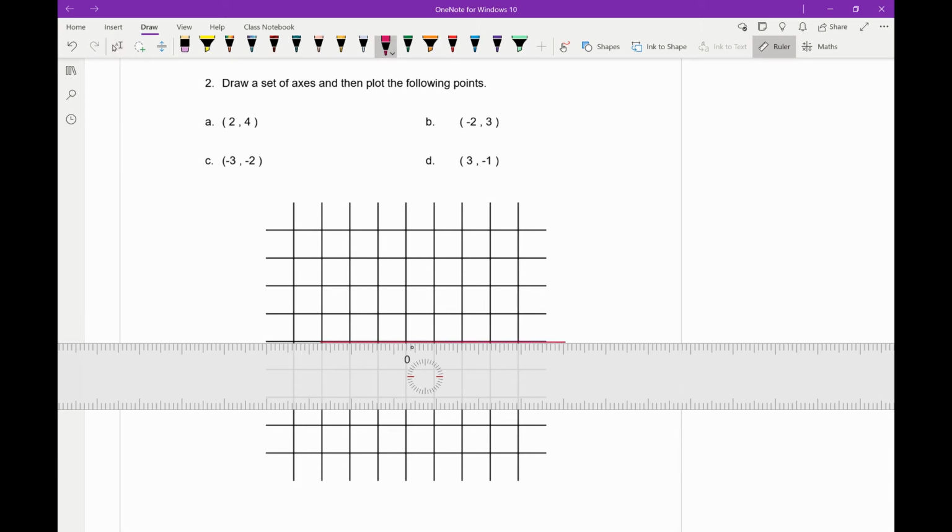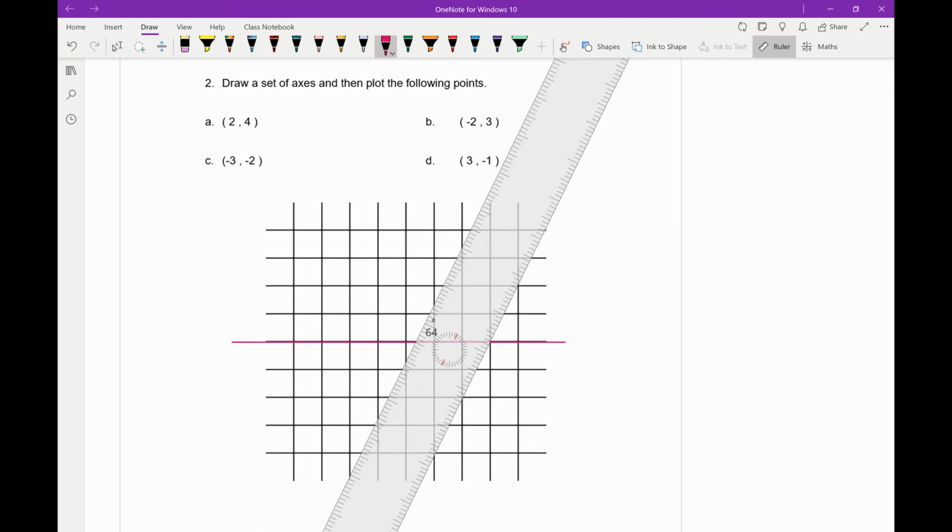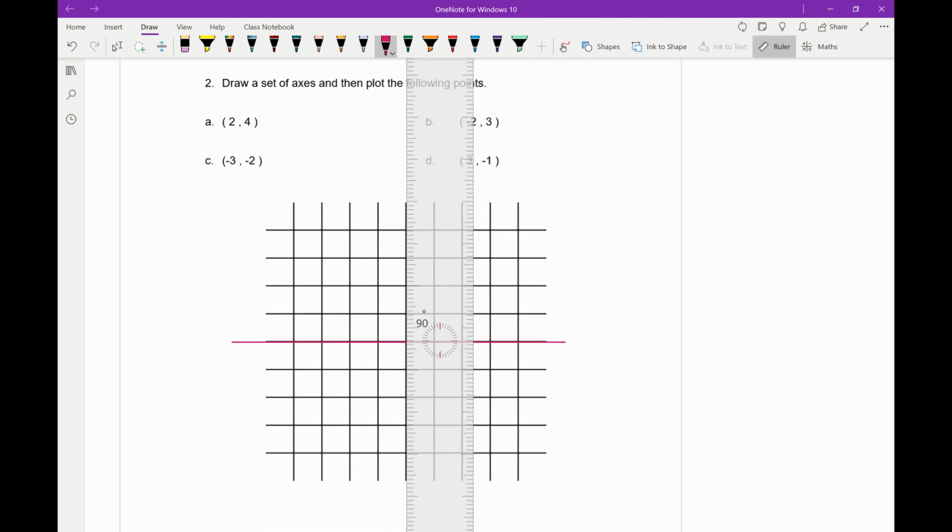That's going to be your x-axis. And then turn your ruler around, onto that line there, and we'll draw in a line here for our y-axis.